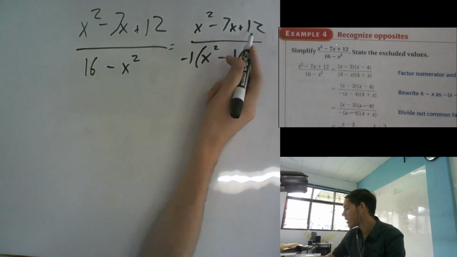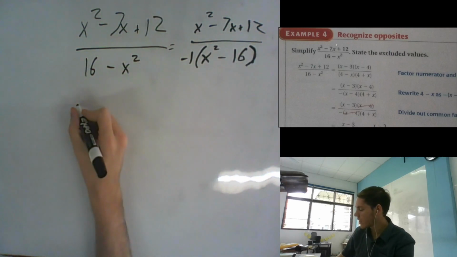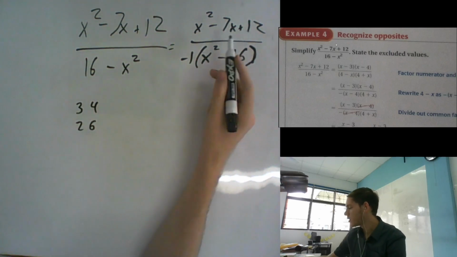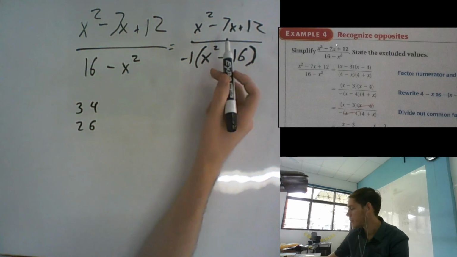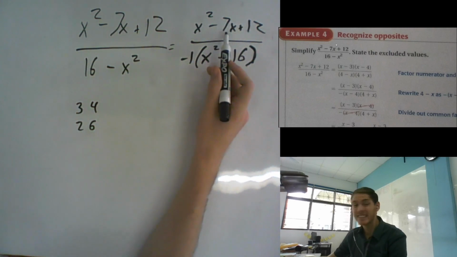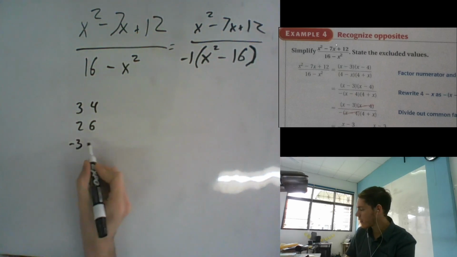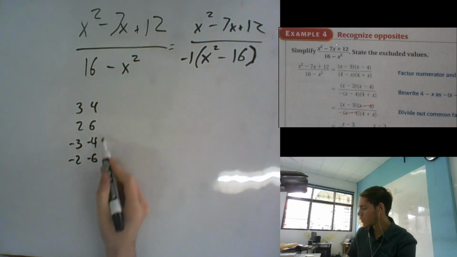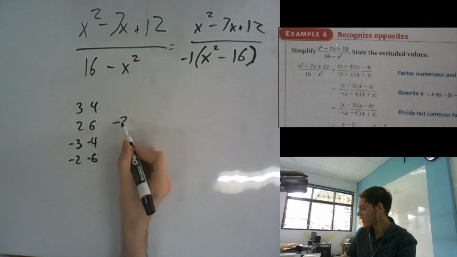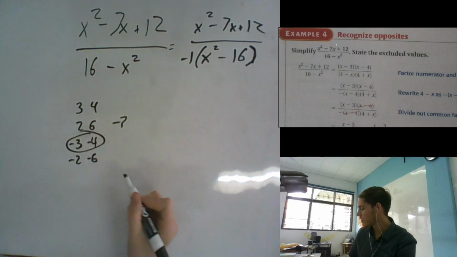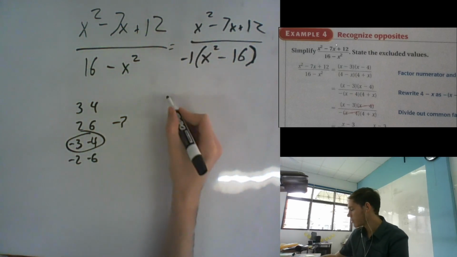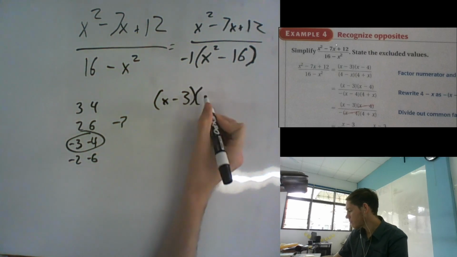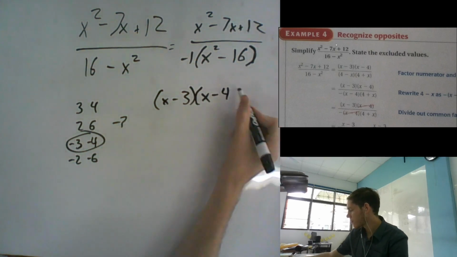Okay, so factoring the top, 12 has factors 3 and 4, and 2 and 6. It has more, 1 and 12, but we don't care about that. But this is negative, so we're going to think -3, -4, -2, -6. Which ones add up to be -7? Well, that would be this right here. Again, there's a 1 in front, so we get x minus 3 times x minus 4.